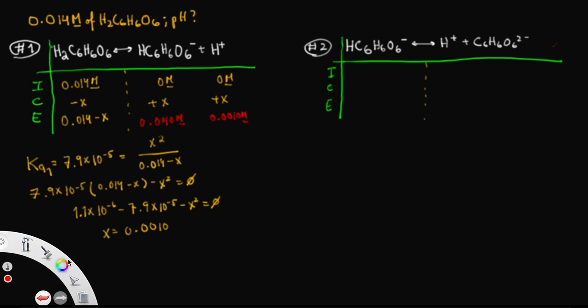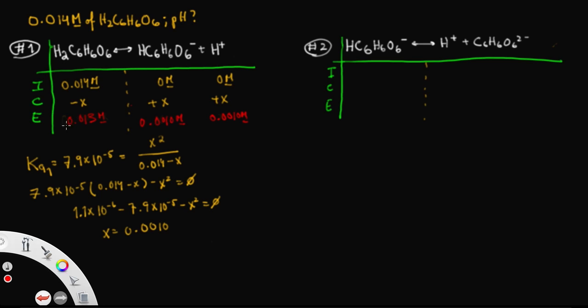And also I can get a new molarity for my reactant at the end of the reaction. I know that we lost x from our 0.014. So I'm going to do 0.014 minus 0.0010, and I would get a value of approximately 0.013 moles per liter. So I got my new concentrations at the end of the reaction.